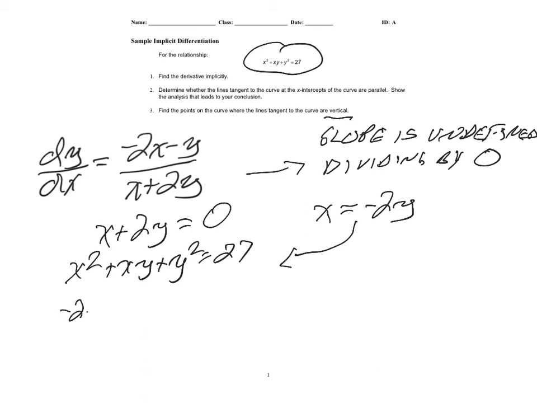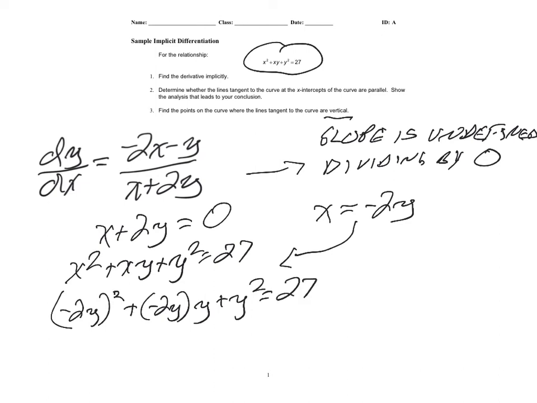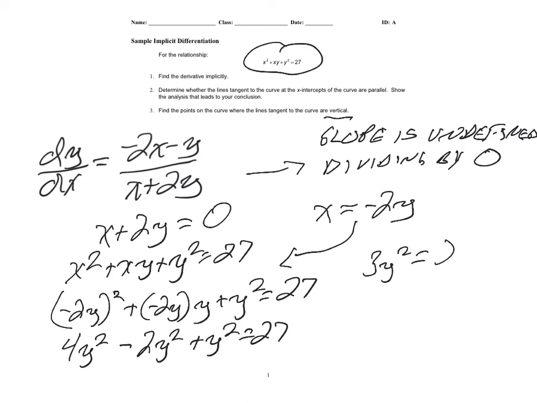So I'll have negative 2y squared plus negative 2y times y plus y squared equals 27. So that will give me 4y squared, minus 2y squared plus y squared equals 27, which then turns out to be 3y squared equals 27.